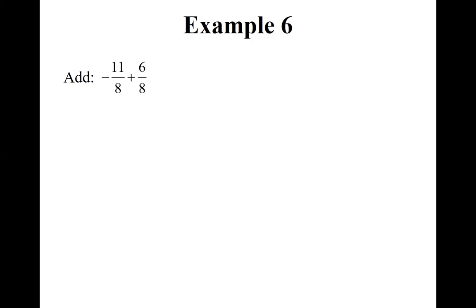-11/8 plus 6/8. The number on the bottom is 8. We keep the 8 on the bottom. That allows us to add along the top. Be sure to collect your signs. -11 plus 6 is what we would have along the top.